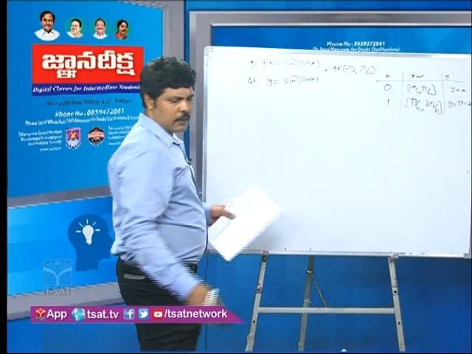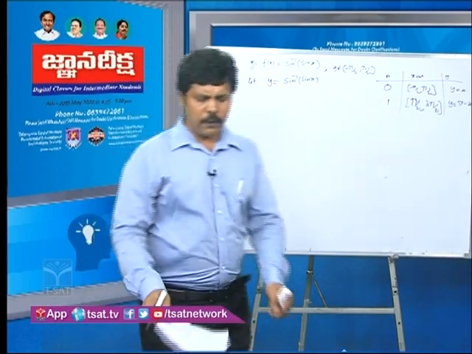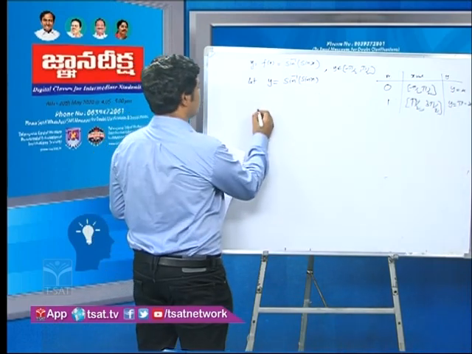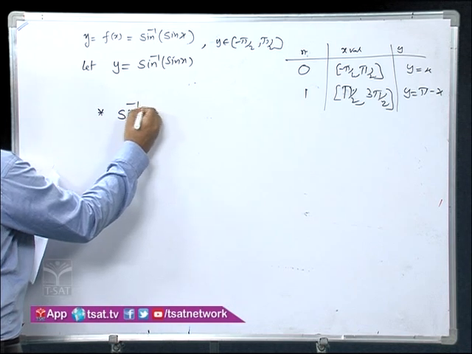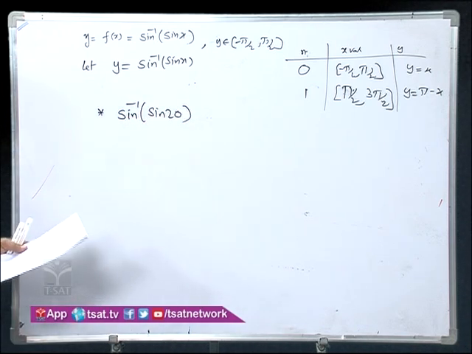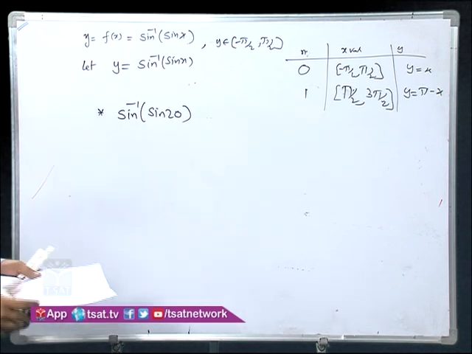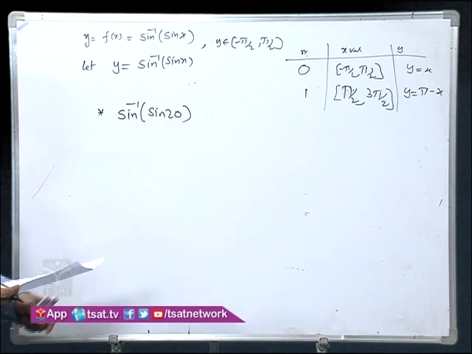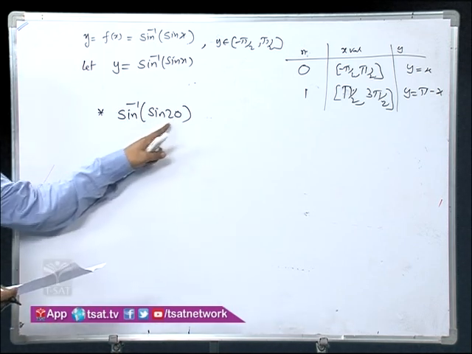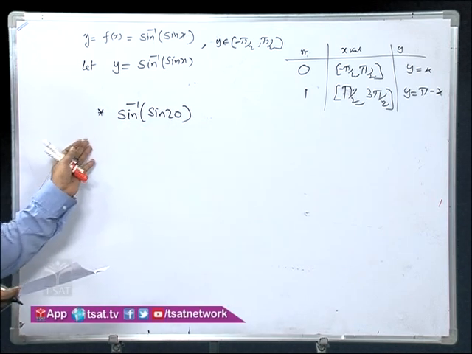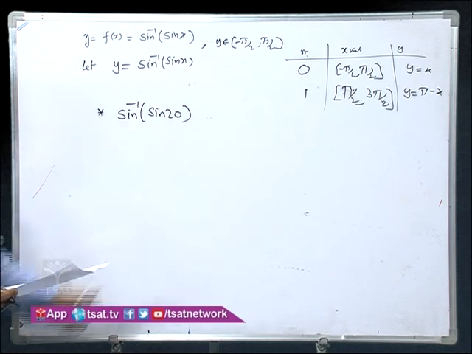Another important case is higher values, for example sin inverse of sin 20. In this type of problem, x is very high, that is 20, and we never draw such a long graph.